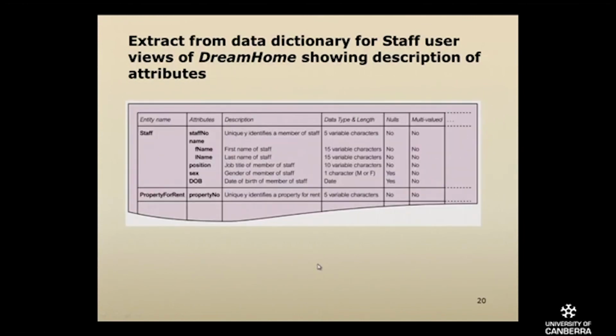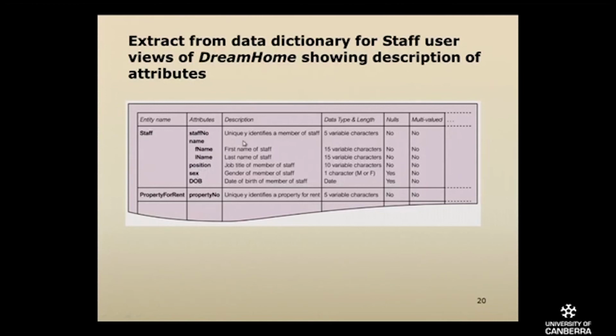The next thing to do is, for each entity that we have identified and described, with the multiplicities of all the entities identified, to go through and write a description of every attribute of every entity. So for example, the table of staff: what are the attributes? The staff number, first name, last name, position, sex, date of birth.